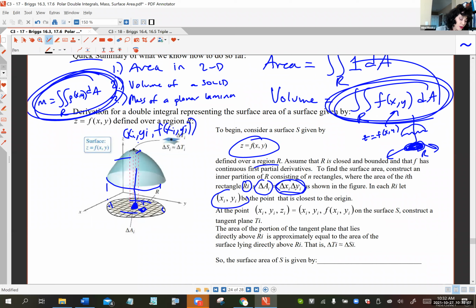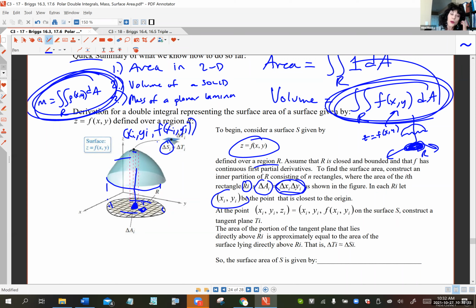We're going to use that knowledge to approximate what a little patch of surface area would be. The actual surface area of that little patch right there would be delta S sub I. But that's too hard to find because it's so curvy. I don't know how to find the surface area of a curvy thing.